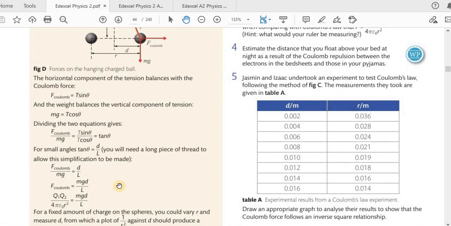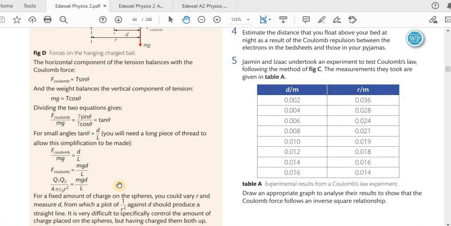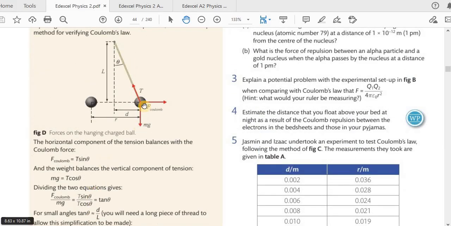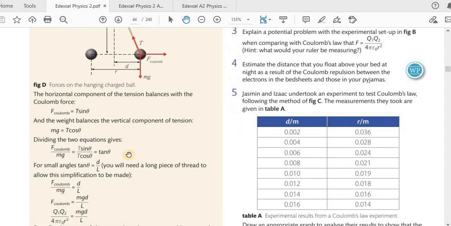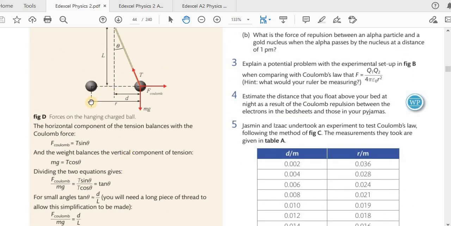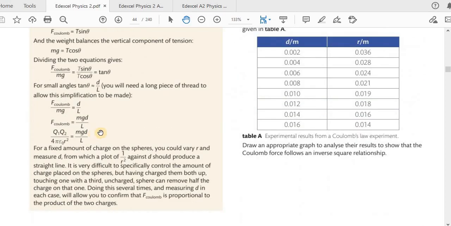So d can change, and r also, you can see when d increases, obviously r increases. So if you plot a graph of 1 over r squared against d, it should produce a straight line.